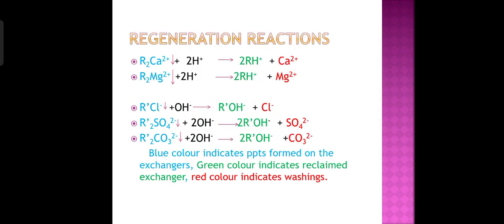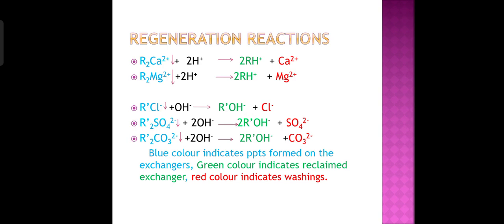Now coming to the reactions. See, these were the impurities, R2Ca2+, when it comes into contact with the dilute mineral acid, releasing only H+ ions, so we will get RH+, that is nothing but our cation exchanger bed, along with the release of Ca2+ as impurities or washings.